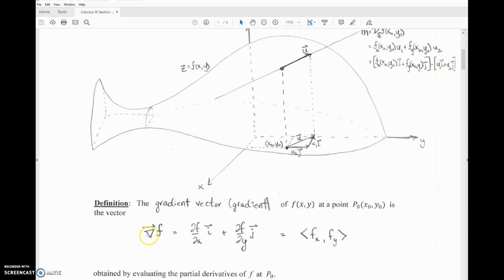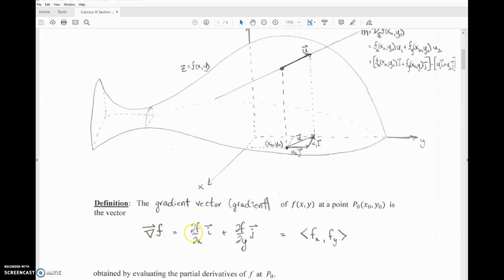Usually we say the gradient of f or grad f, and this notation is the upside down delta. When you see it in type, it's usually just a bold symbol like this. But since I can't do bold with my handwriting, I put an arrow over it, because it defines a vector.